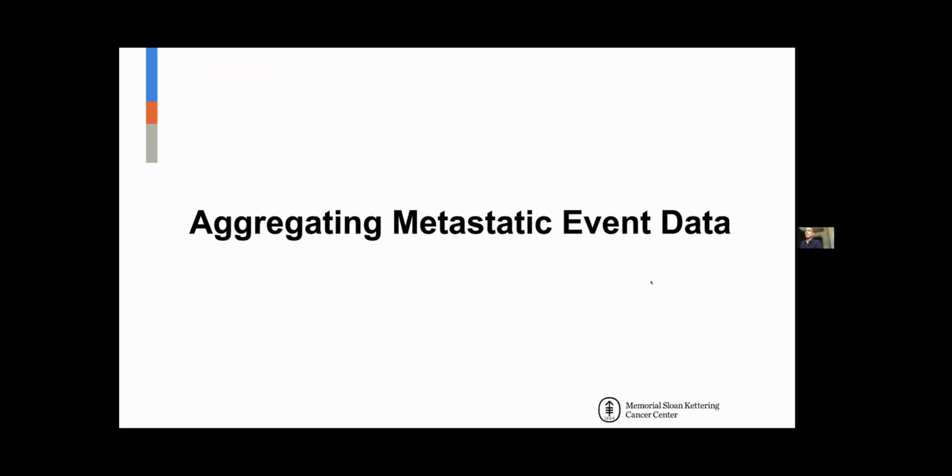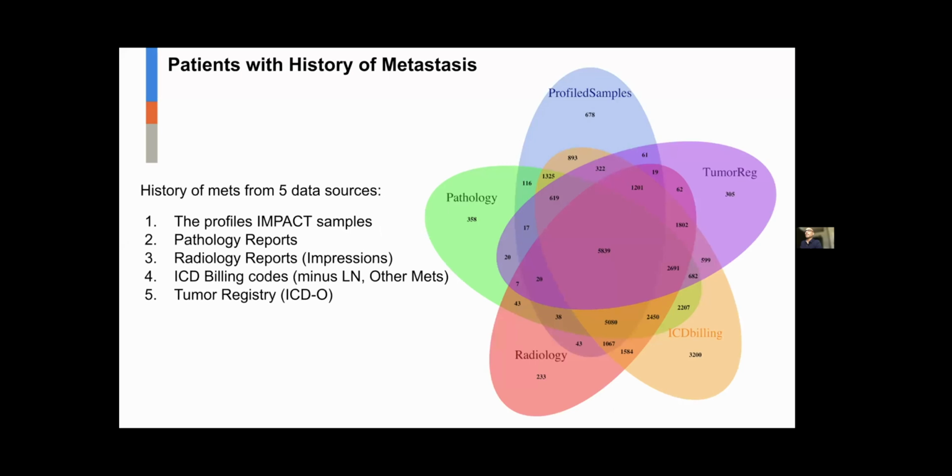Okay, then, so some of the results. We're trying to fuse a lot of different data in order to get the patient history of metastatic events. And so these are the sources that we utilize in order to get that information.